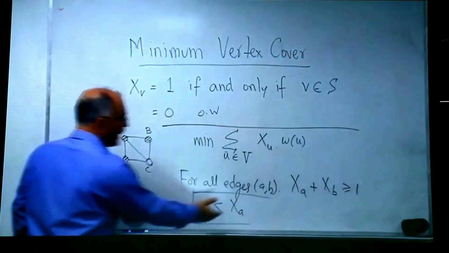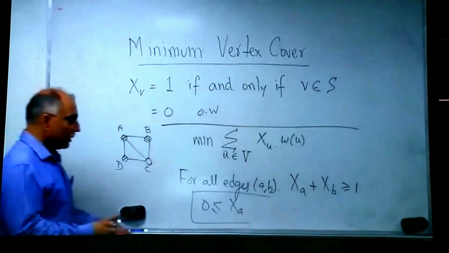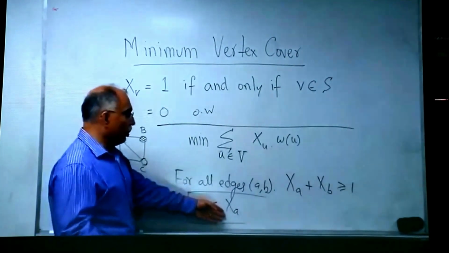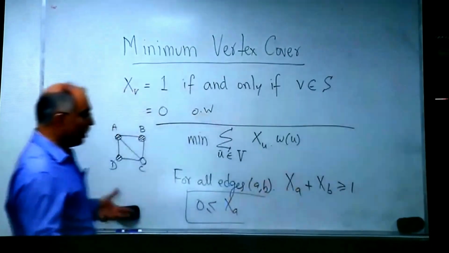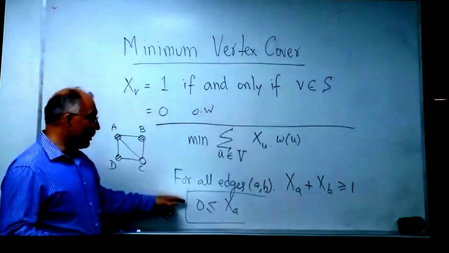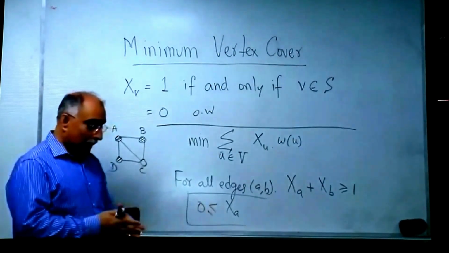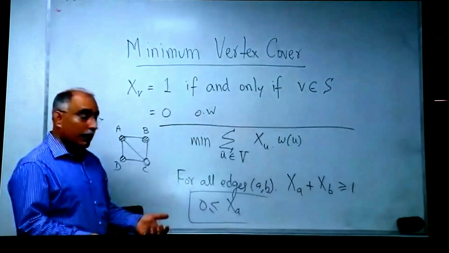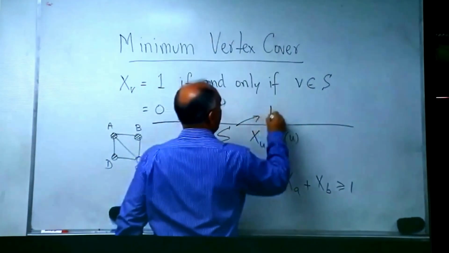There is never any need for making an xa value more than 1, because if xa is say 2, then I can always lower it to 1 and I will not violate any constraint because all the variables are non-negative. Now this makes the problem much, much simpler. For example, now that I'm allowing xa to take any non-negative real value, this becomes something called a linear program.